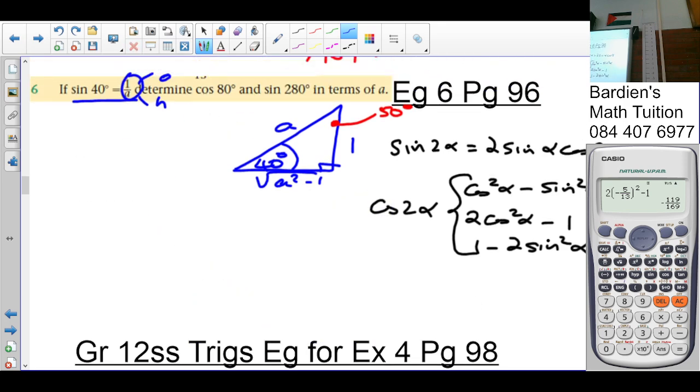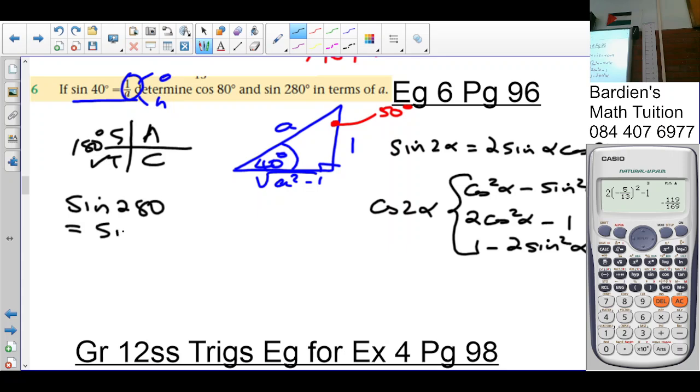Then it says sine of 280. So sine of 280. What can I do with 280? First we're going to reduce it to an acute angle, not so? So how do I do that? Which quadrant is 280? Third quadrant? How do we get in the third quadrant?